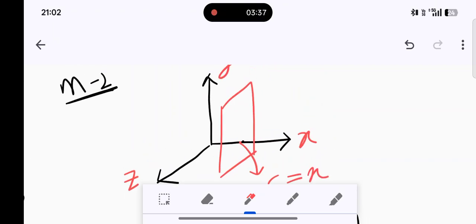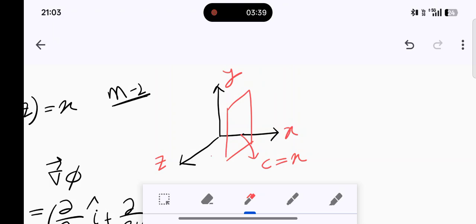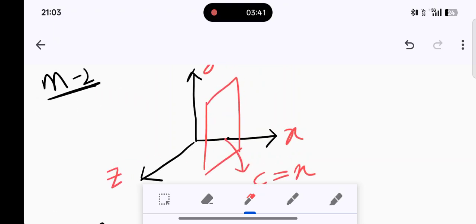Now basically, I have told you the gradient is nothing but the perpendicular vector at a particular point, let's say the point c. This sheet has two perpendicular vectors at the point c: this is i cap and this is minus i cap.